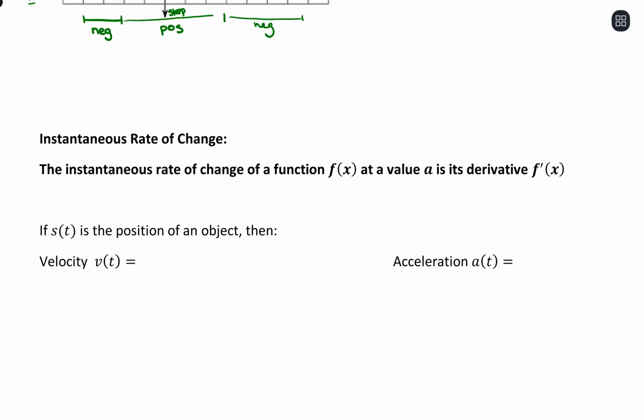So instantaneous rate of change, this is more terminology for the same thing. So again, in fact, let's make a list. I know I keep saying it out loud, but we have the derivative. The derivative is the same as slope of the tangent line is the same as instantaneous rate of change.